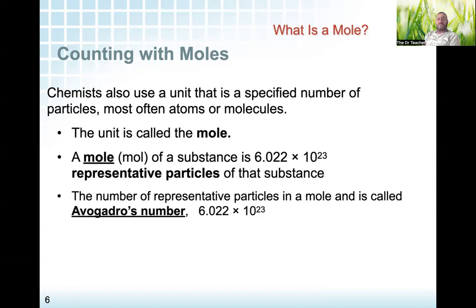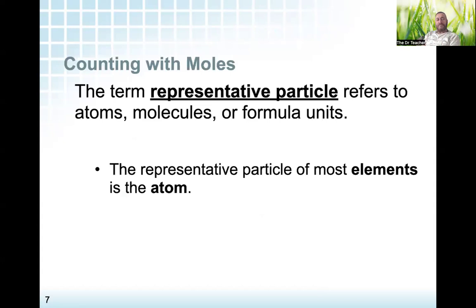The number of representative particles in a mole is called Avogadro's number. If we count with moles, the term representative particles refers to atoms, molecules, or formula units. We can count a mole of atoms, a mole of molecules, a mole of formula units.